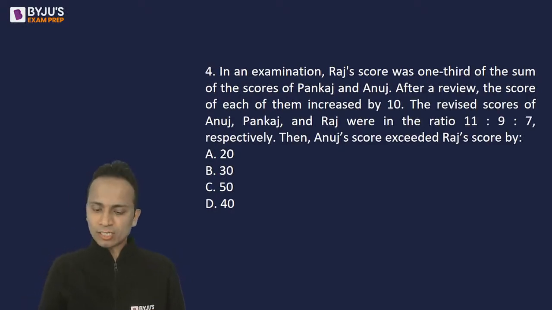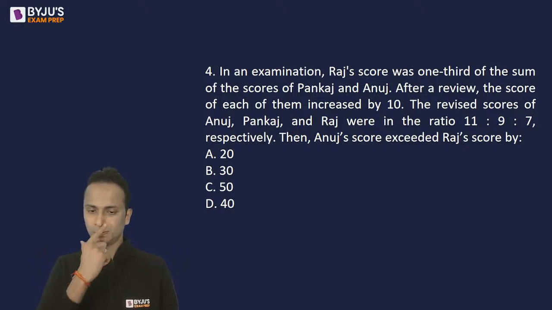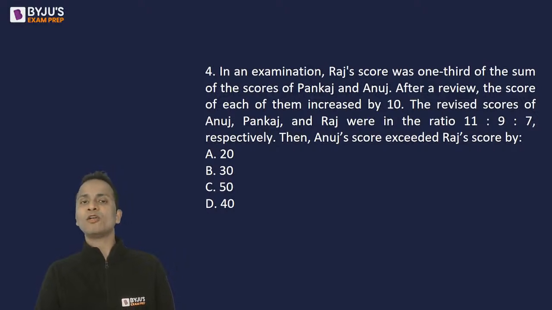Let's move on and look at question number 4. So the question is, in an examination, Raj's score was 1/3 of the sum of the scores of Pankaj and Anuj.